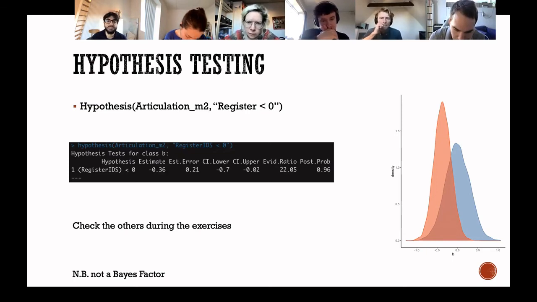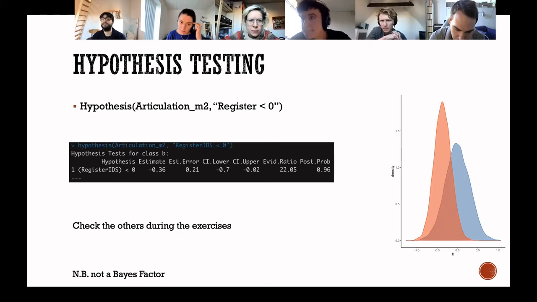And this is the outcome of the code. You get that the estimate is minus 0.36, as we've seen before. The estimated error or standard error is 0.21. And the confidence interval is between minus 0.7 and minus 0.02.